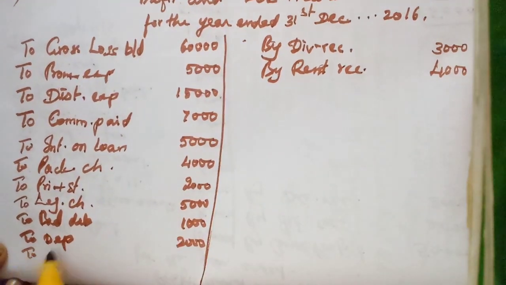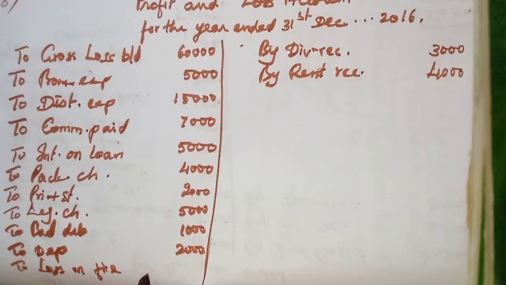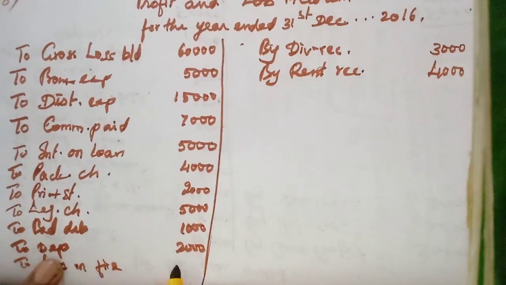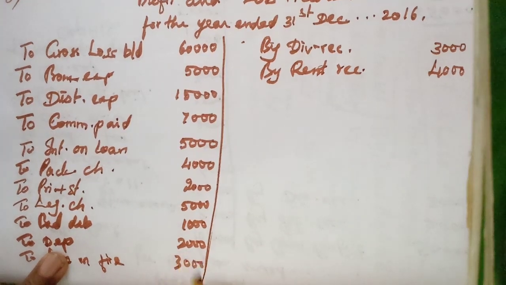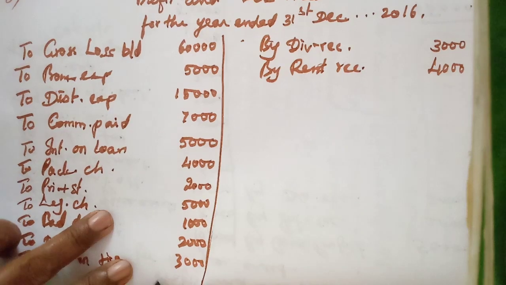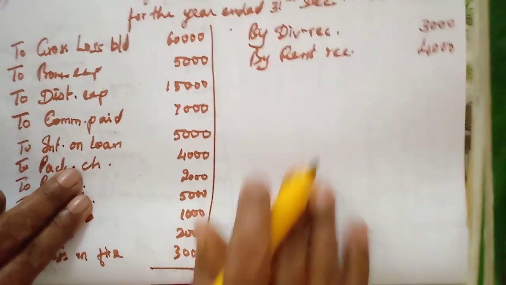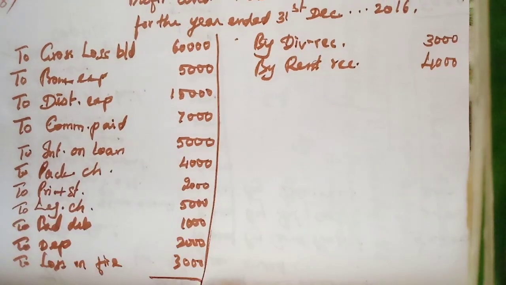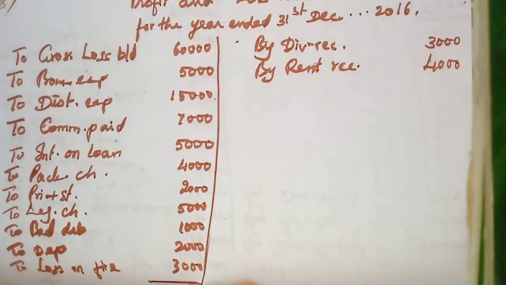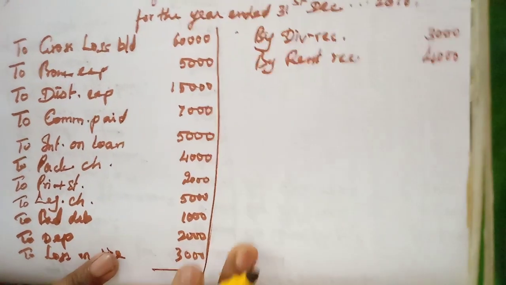So loss on fire 3,000. It is a loss. See, here debit side is more, income is very less. So we will get this very clearly. See, that's only 7,000. Here many losses, so expenses are more.